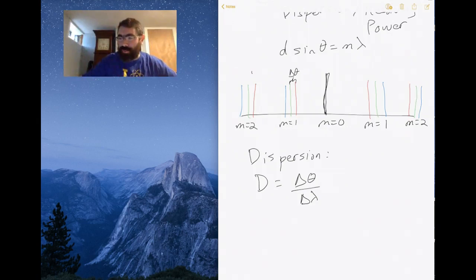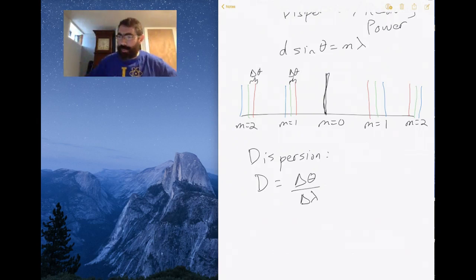Then we can do it over on this side and see what the dispersion is. How are the red and the green separating in our diffraction experiment? So for the grating, we can just basically look at the angular separation per the difference in the wavelength that you see.